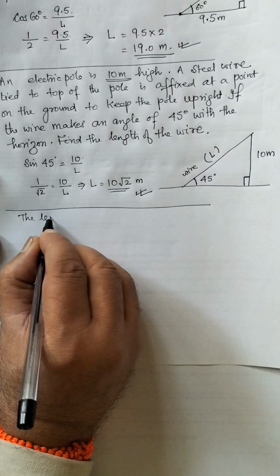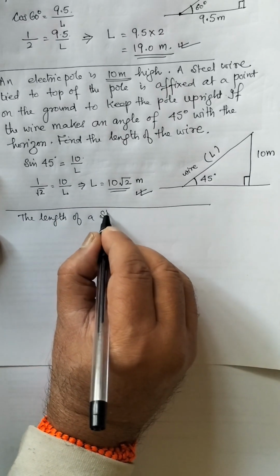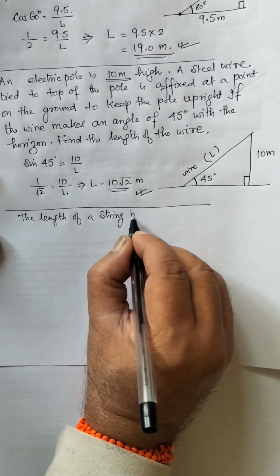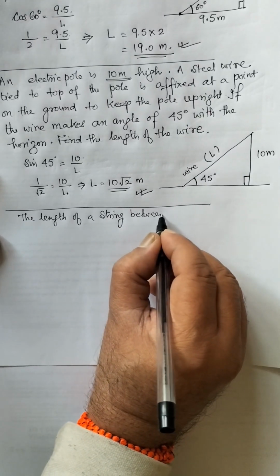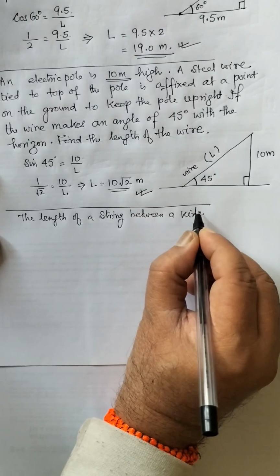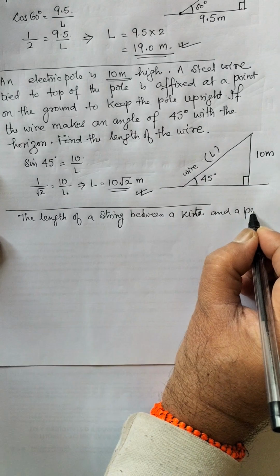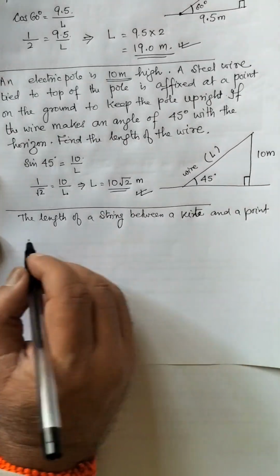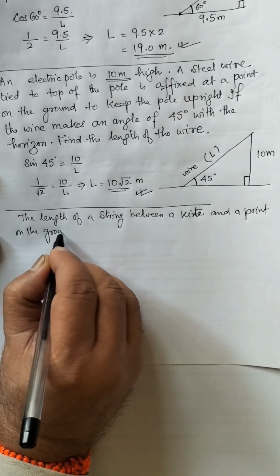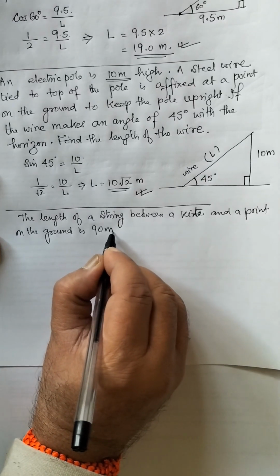The length of a string between a kite and a point on the ground is 90 meters.